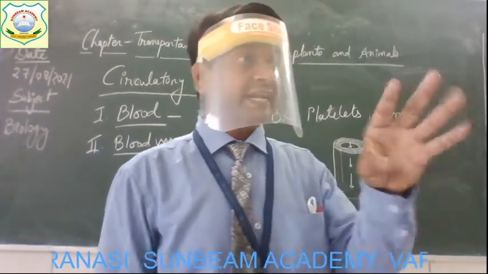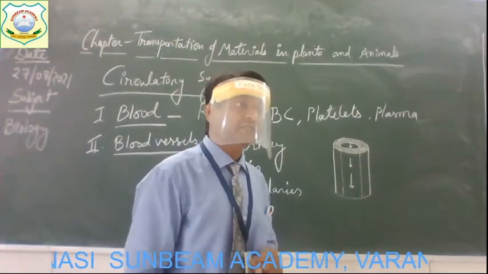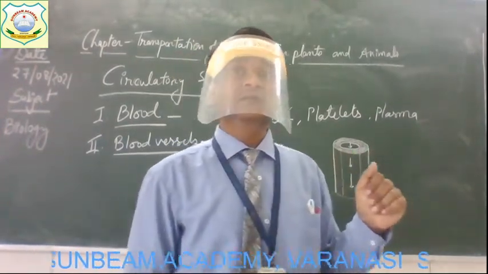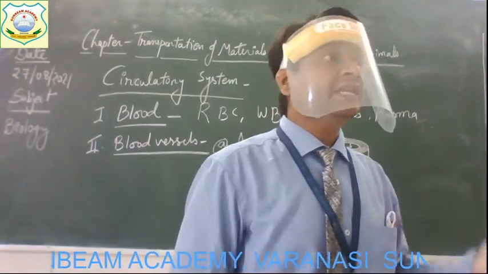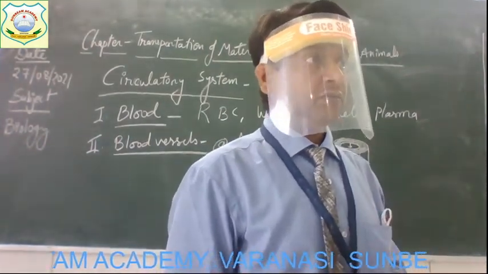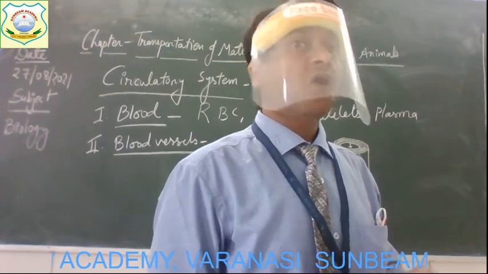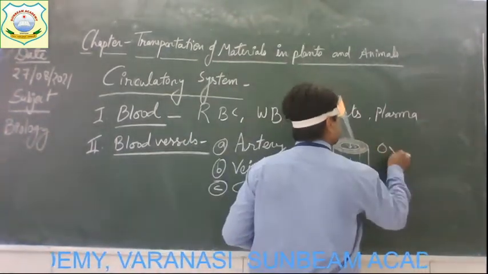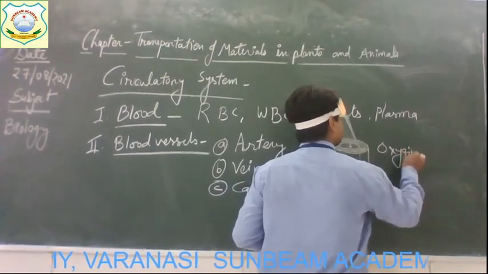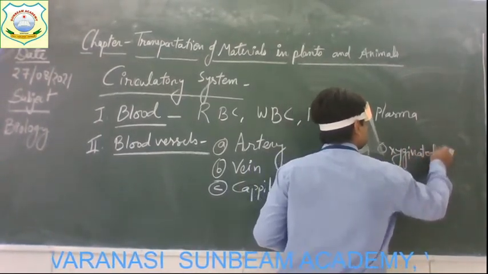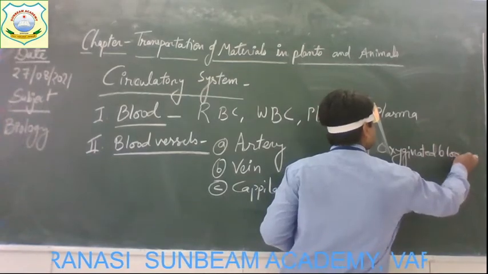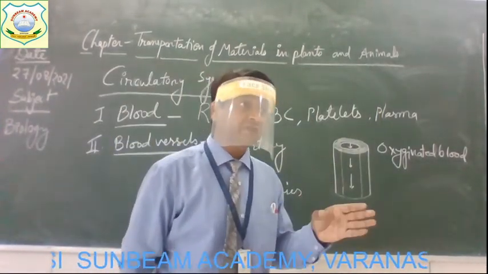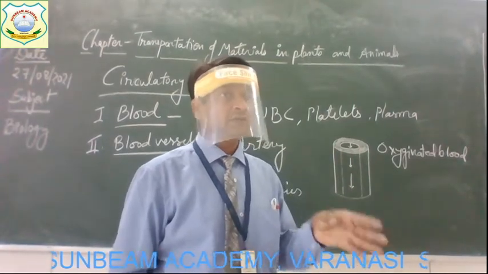Get it? Second property, second function: in arteries, the blood which is flowing is oxygenated blood. Which kind of blood? Oxygenated. Oxygenated blood means the blood which has oxygen.